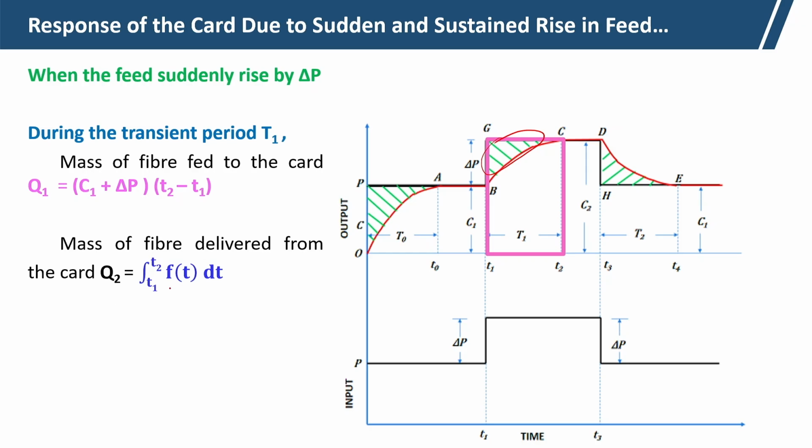So, T2, delivered from the card, T2 minus T1.